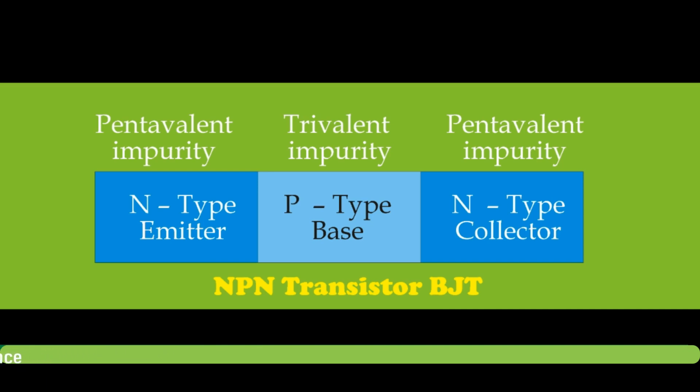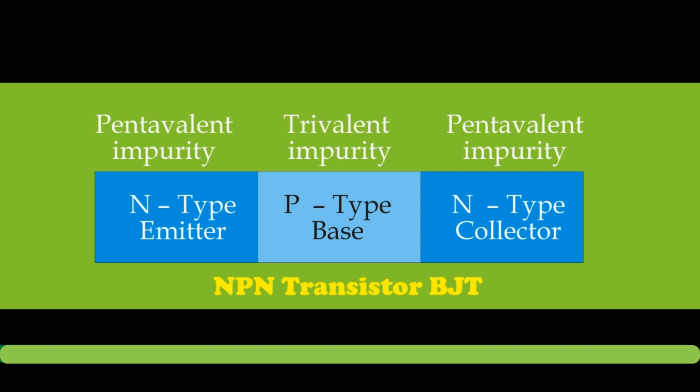That means there is a formation of a junction. At the same time, a second junction is formed between base and collector. So these devices have two junctions, so they are also called bipolar junction transistors.